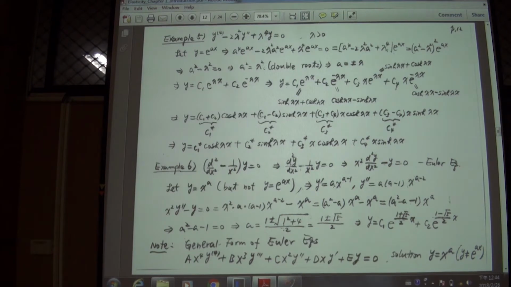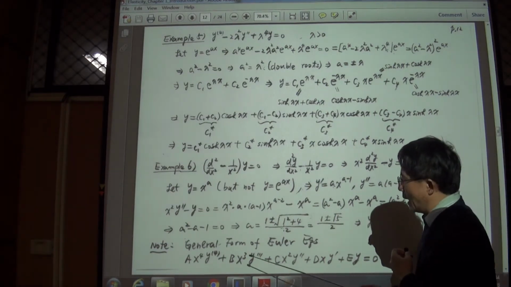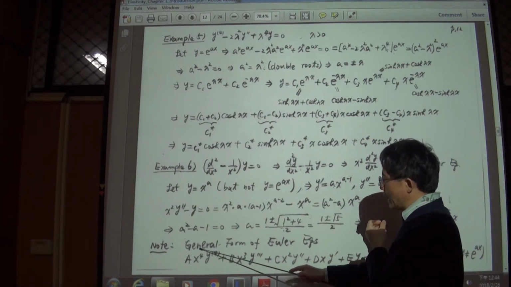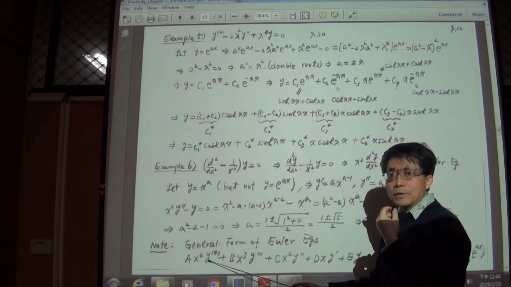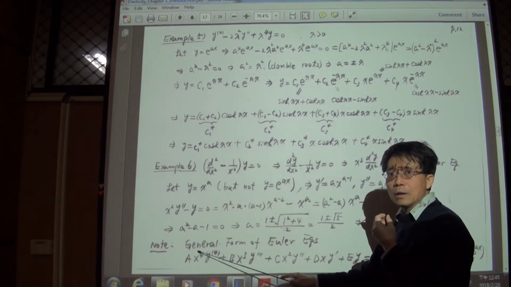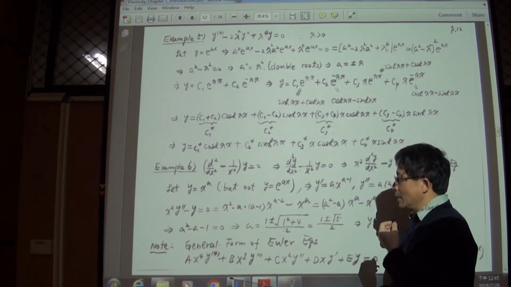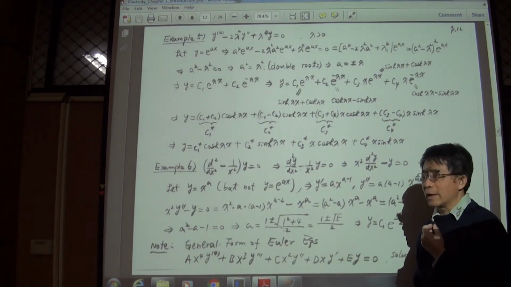Let me explain to you what an Euler equation is. This is the general form of the Euler equation. If you have a term differentiated 4 times and the coefficient is x to the power 4, then it is a typical term of the Euler equation.